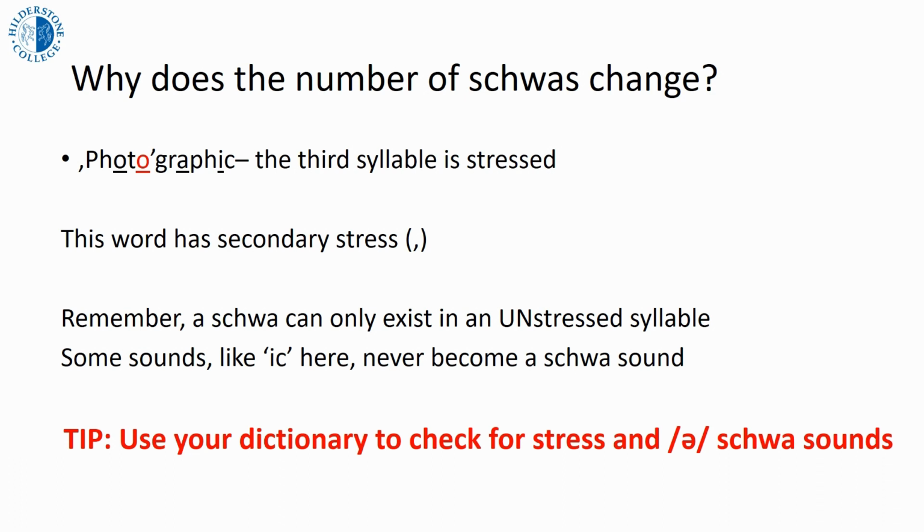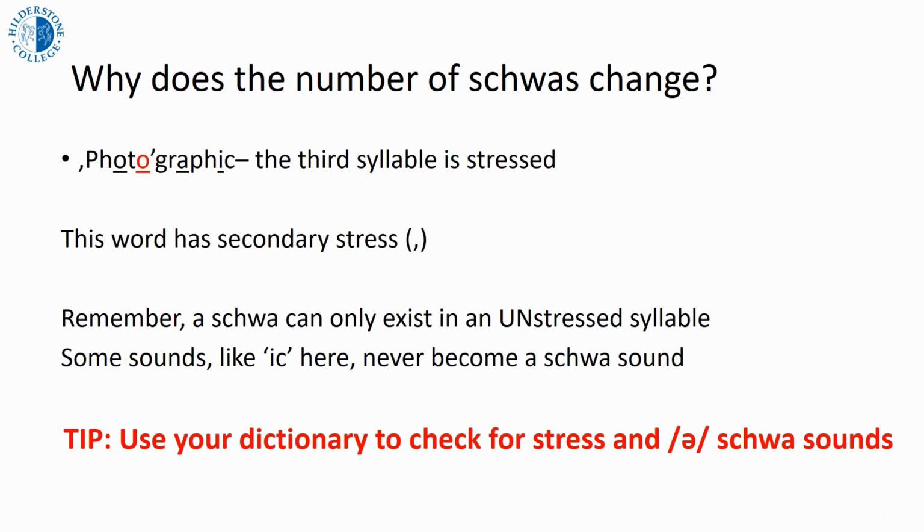Okay, now I understand that this all seems terribly complicated for you, but don't worry. If you're not sure, just use your dictionary. You know now how to check which syllable is stressed because I've shown you where the stress marks are and what they look like. I've also shown you the symbol for a schwa sound.